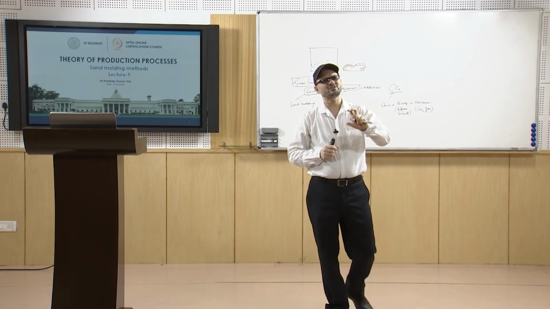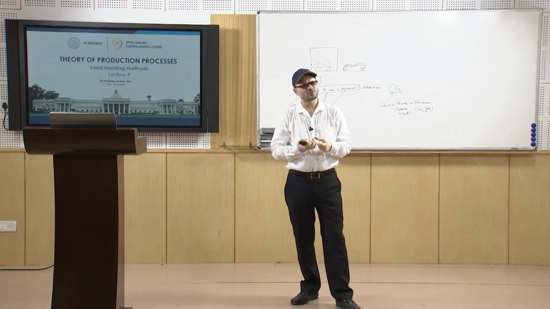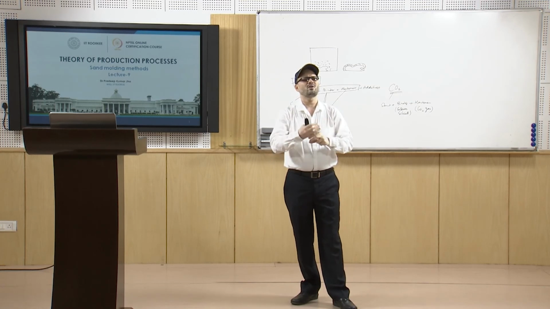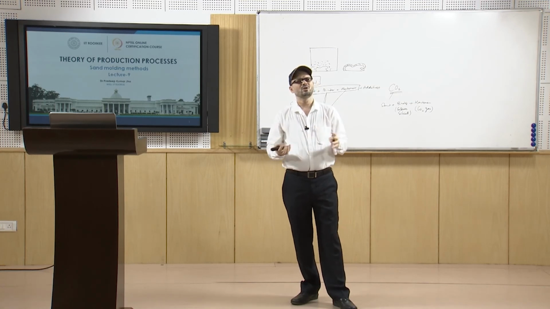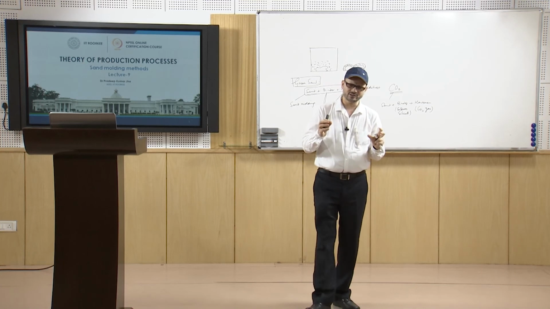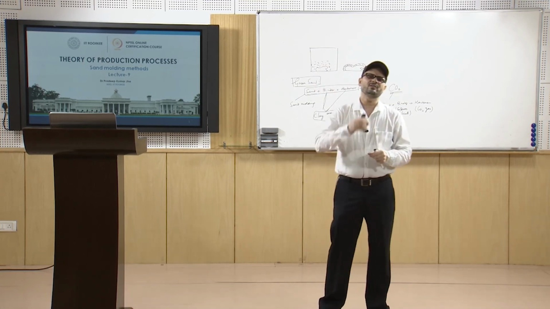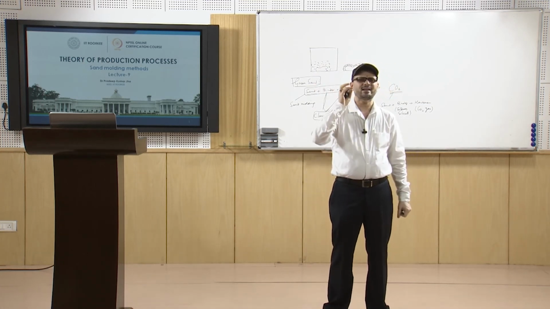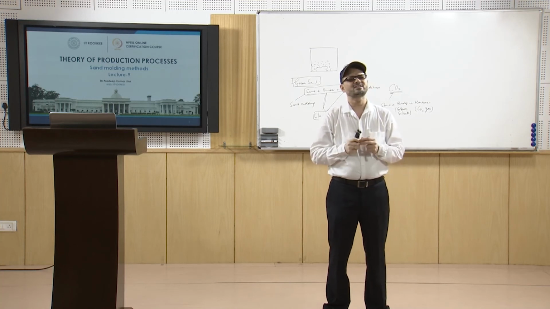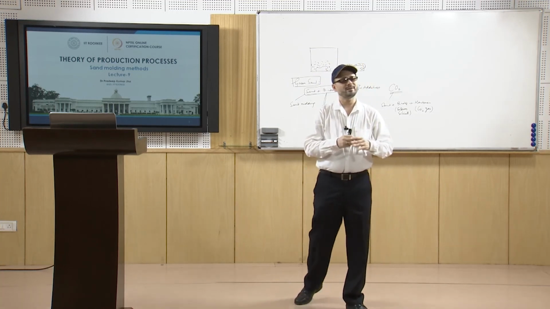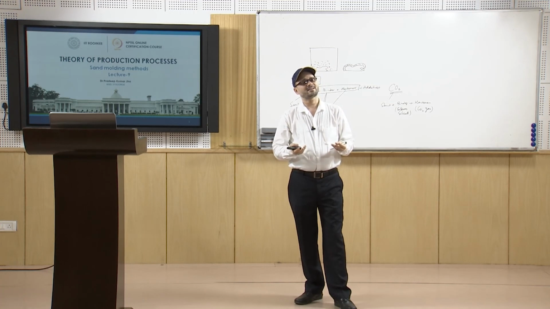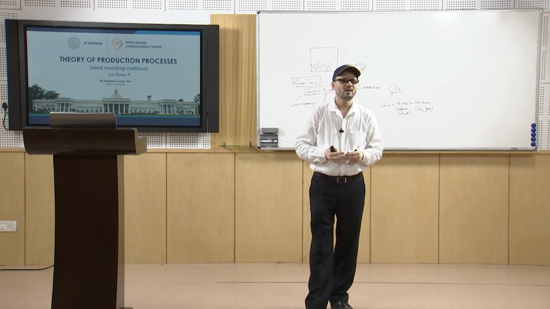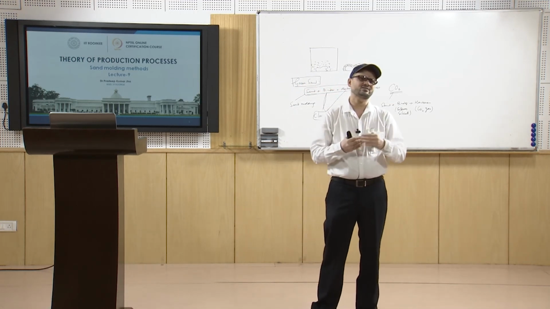Once ramming is done, the pattern is to be withdrawn. Ramming density is very important, because if the ramming density is not adequate, then if it is very hard, collapsibility may be an issue.